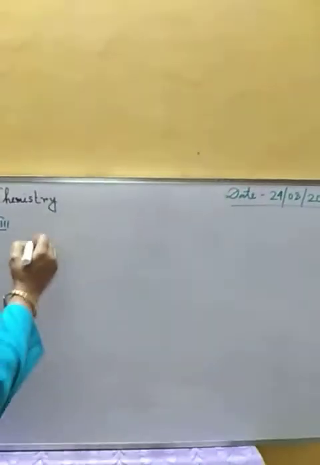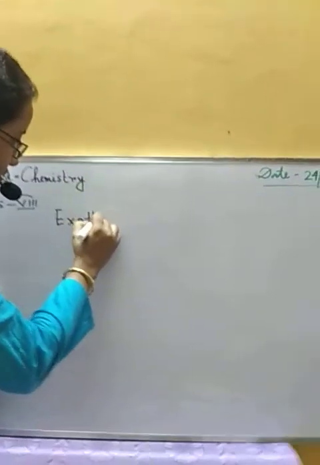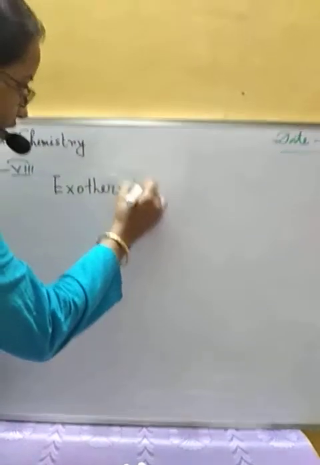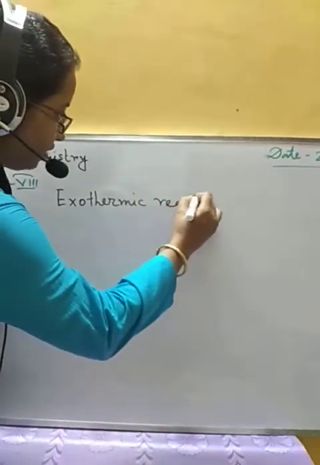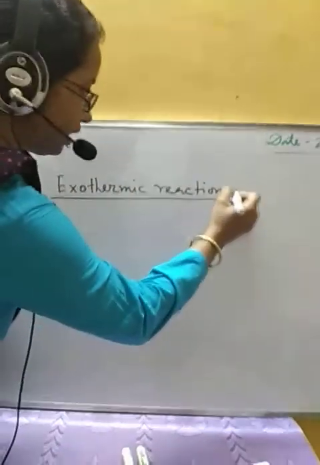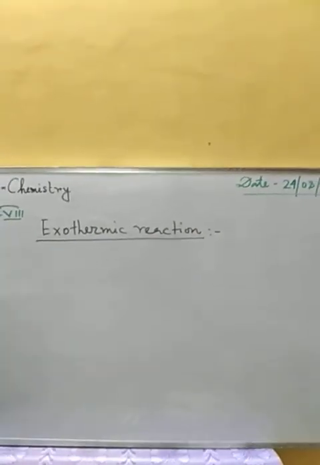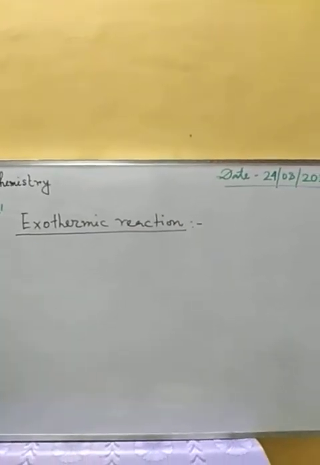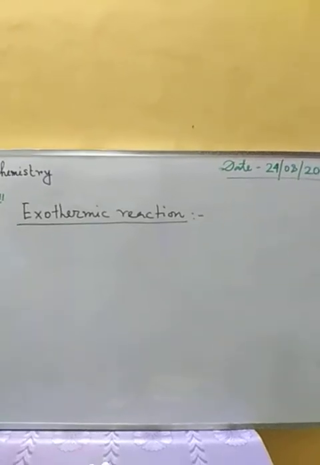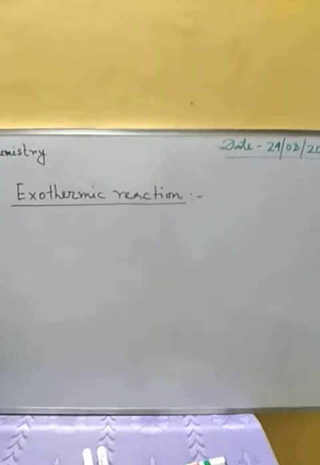Okay, so what is exothermic reaction? As we discussed in our last class, there are two kinds of reactions. We can categorize the reactions in terms of the evolution of heat or absorption of heat in these two categories, that is exothermic and endothermic.